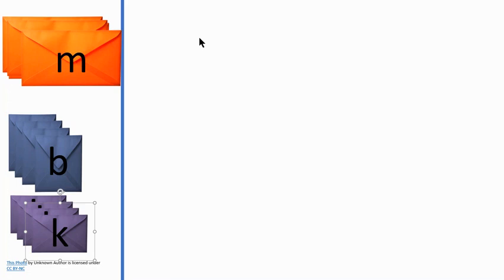In this lesson, we're going to revisit the idea of variables. We're going to consider these envelopes as containing money. We're going to imagine they have money, but we don't know how much money is in each envelope.